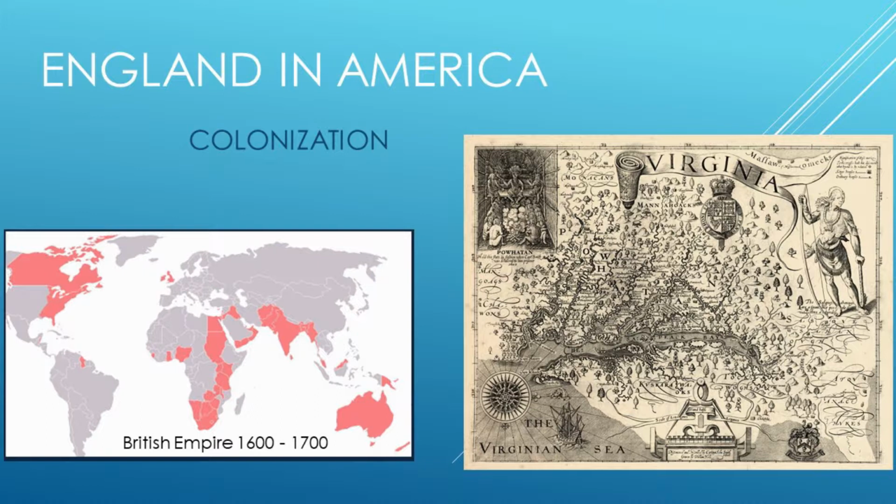The larger map is a map that was created by Captain John Smith of the Jamestown area, and the Powhatan villages are shown on the map. So we're going to talk a little bit about Jamestown, which will eventually become the Virginia colony.